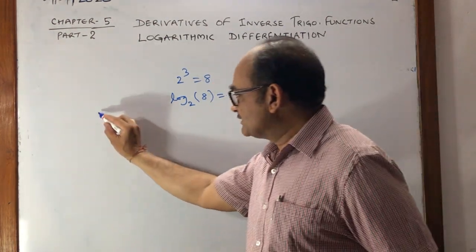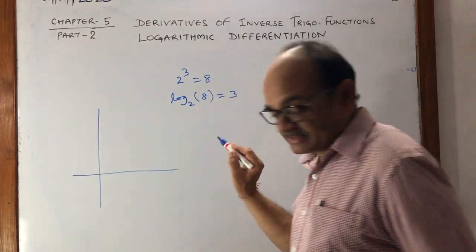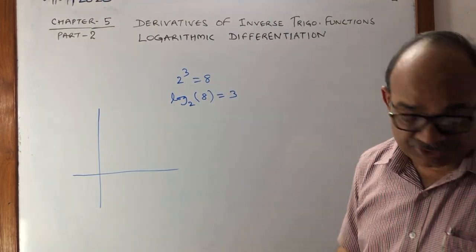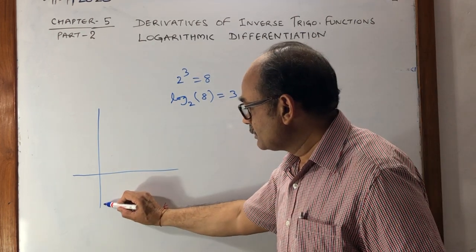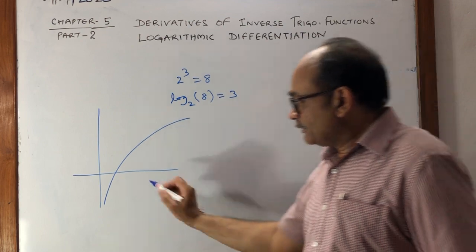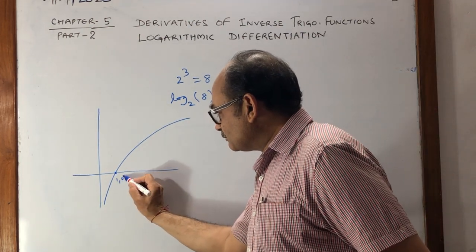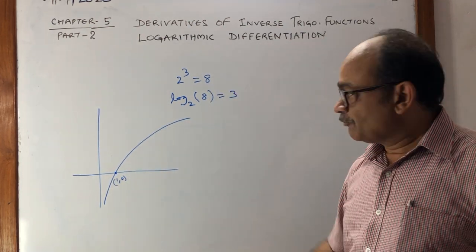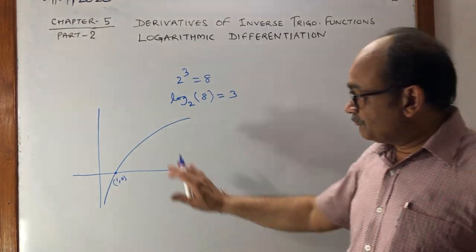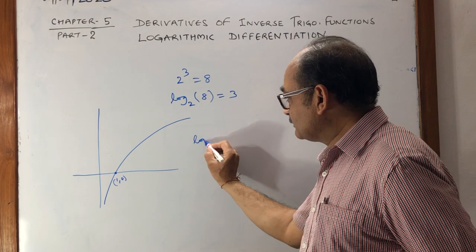The log function is just like, if you see the graph on your NCERT page number 172, graph goes like this. This point is 1, 0. We are getting the range as all real numbers, but we are substituting the value only positive.